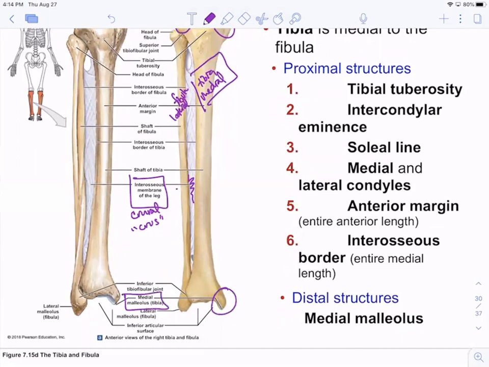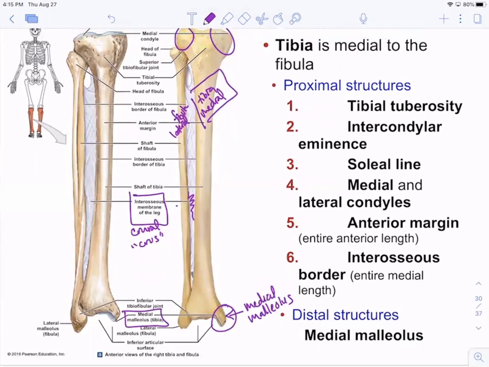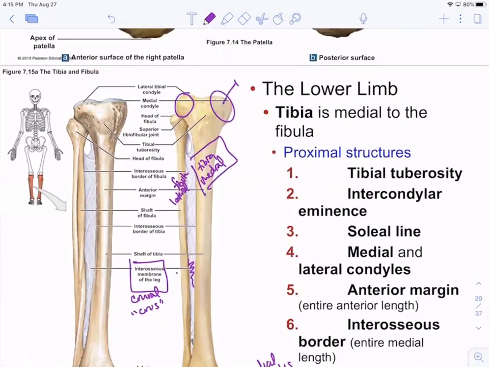That is the inside ankle bone. So if I asked you to go touch the inside of your ankle and you touch something, you would be touching the medial malleolus. And so if this is the medial malleolus, then when you come up here, this has to be the medial condyle, which makes this the lateral condyle.